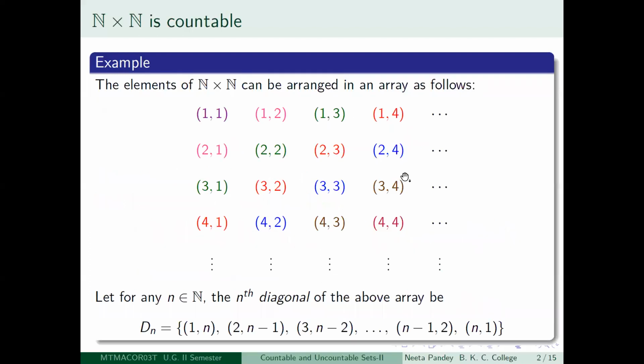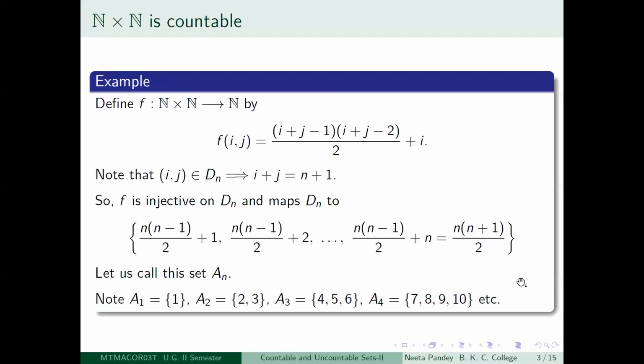That is what we had done here: if you look at Dn, its first coordinate starts from 1 and goes on till n. So you send the elements of Dn via this map f to exactly this particular set. Let us see what this set is. If you put n equal to 1 here, then I have called this set An.